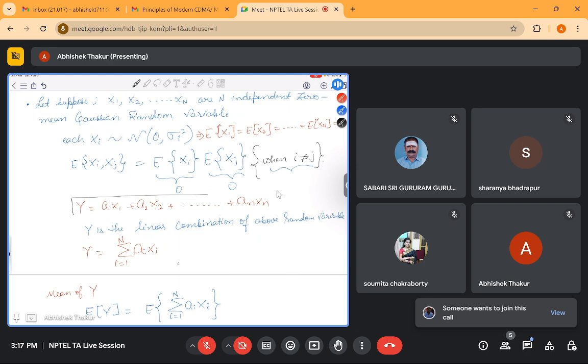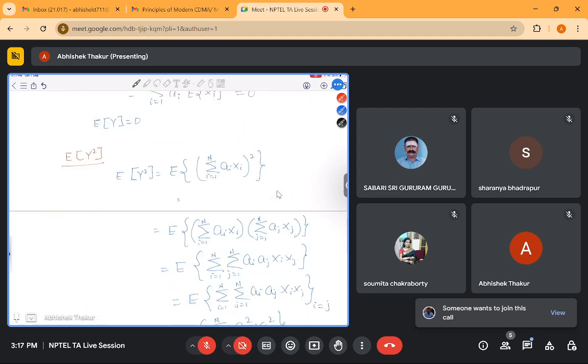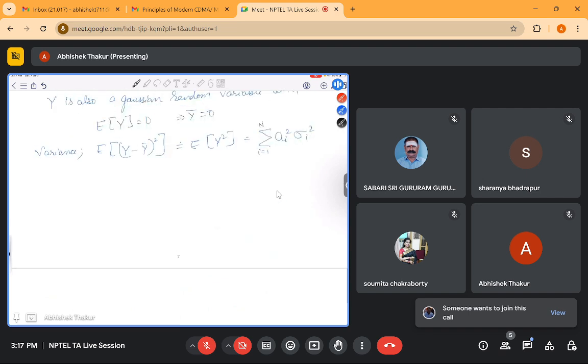This is the important property of Gaussian random variables, so we can write this as a note: a linear combination of Gaussian random variables is also Gaussian.